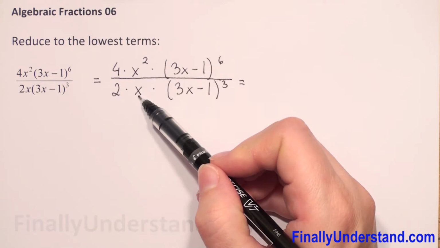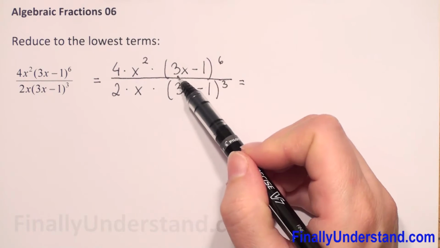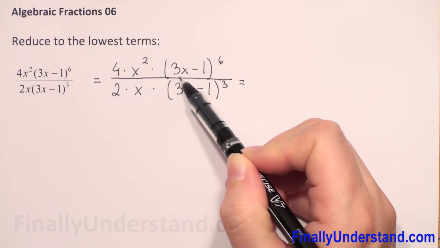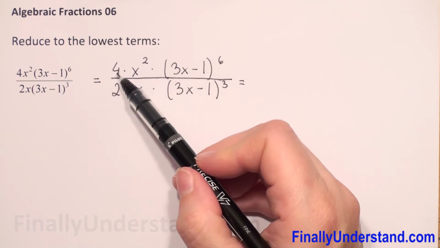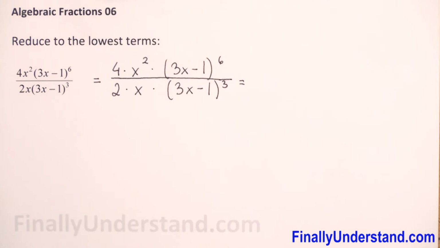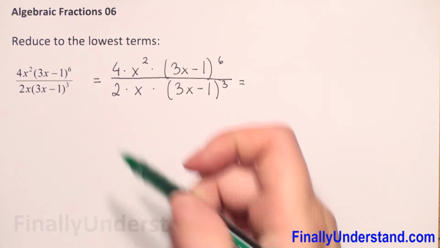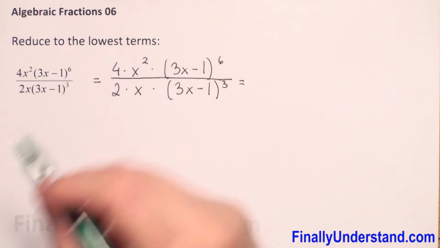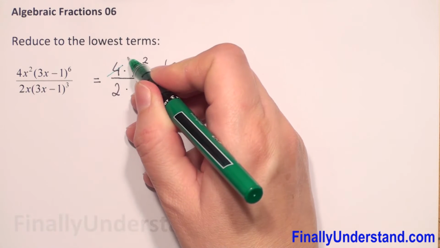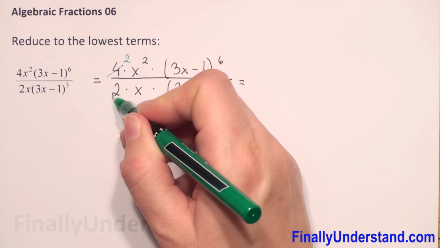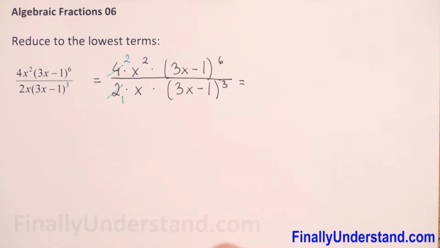Variable with variable, the same variable, we have in parentheses the same expression, so we can reduce this, and number with number. So now the greatest common factor for 4 and 2 is 2. So 4 divided by 2 is 2 and 2 divided by 2 is 1.